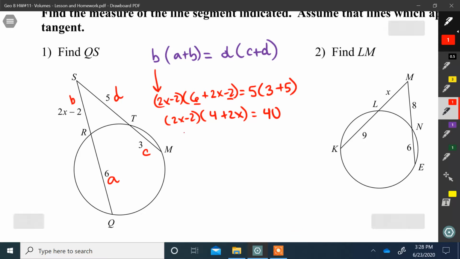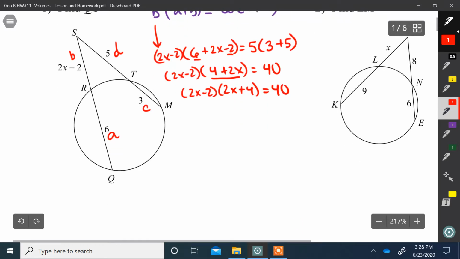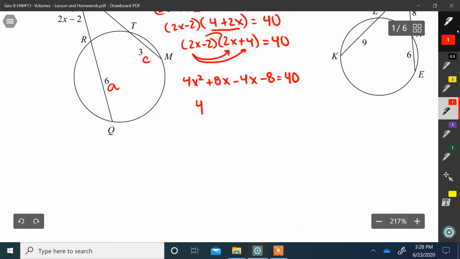I'm just going to reorganize this one to make it less complicated, and then I'm going to distribute. We get 4x squared plus 8x, and then negative 2 times 2 is negative 4x, negative 2 times 4 is negative 8, equal to 40.